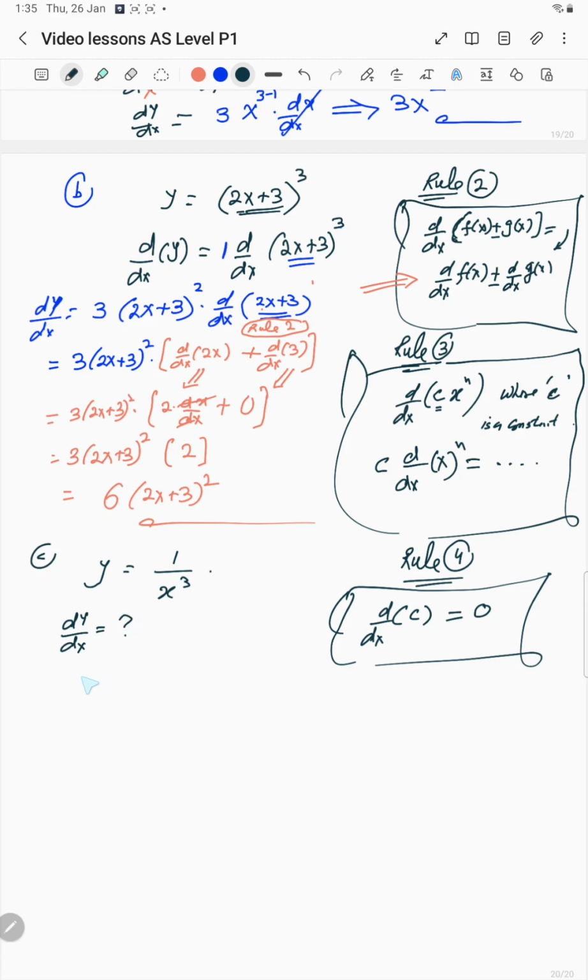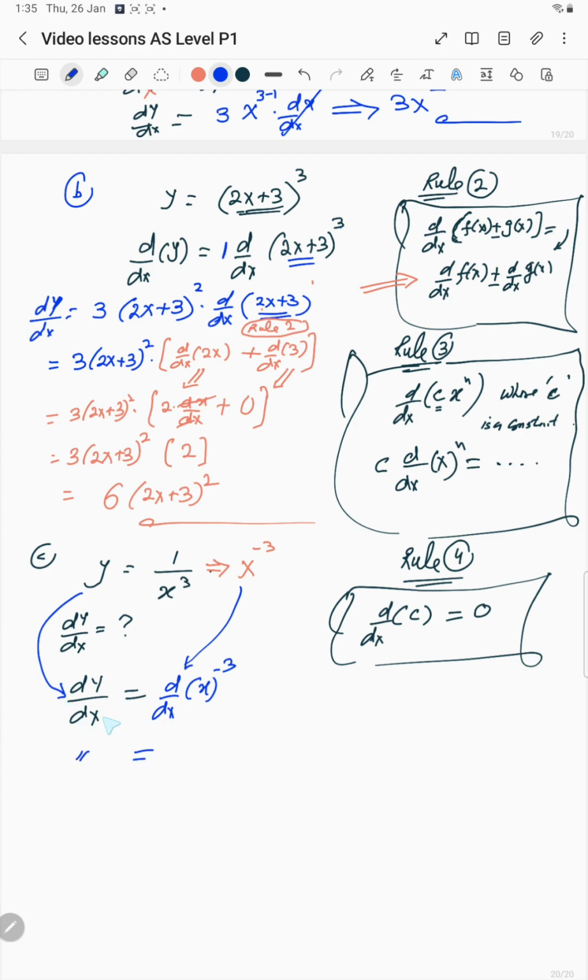So what to do? dy by dx equal to, before you differentiate, you need to reshape the question. The denominator should become numerator, so the power becomes minus 3. So here this comes, and this goes: d by dx of x power minus 3 instead of 1 over x cubed. Now the power n is minus 3.